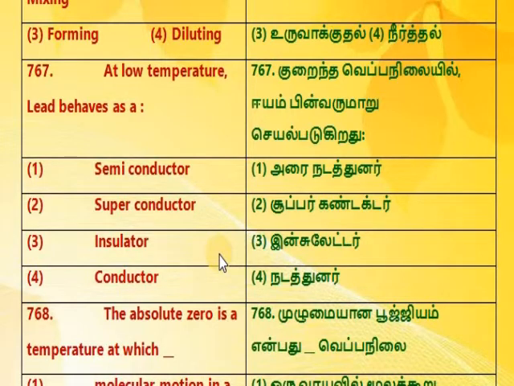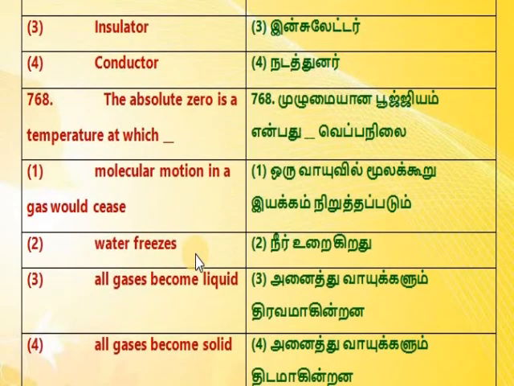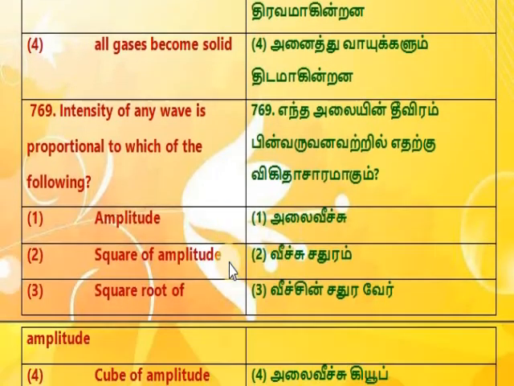Superconductor, 3. Insulator, 4. Conductor. 768. The absolute zero is a temperature at which 1. Molecular motion in a gas would cease, 2. Water freezes, 3. All gases become liquid, 4. All gases become solid.